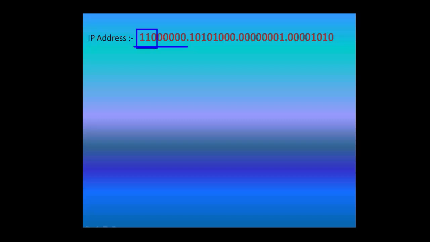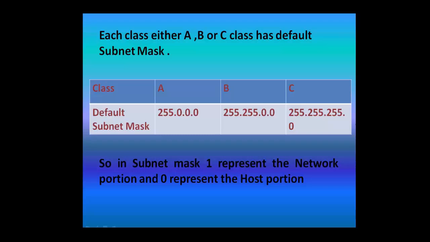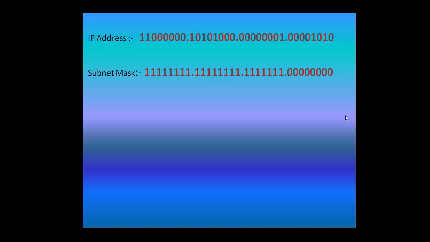If the first 3 bits are 110, it is the C class. So it is a C class IP. As I showed you in the previous slide, the C class default subnet mask is 255.255.255.0, means all ones. So for a C class IP, that will be its default subnet mask.